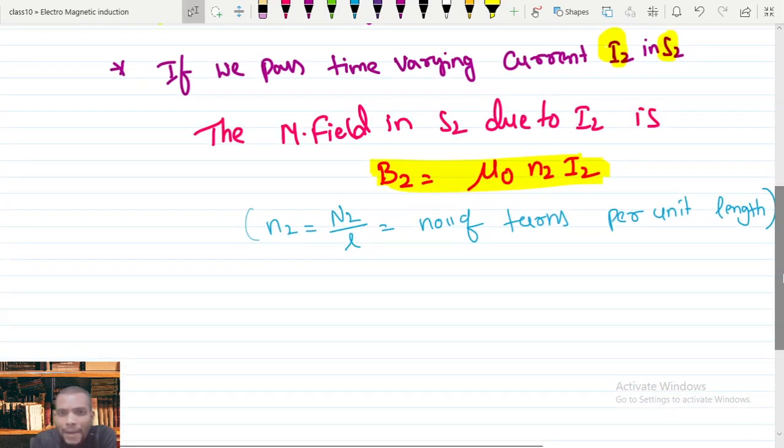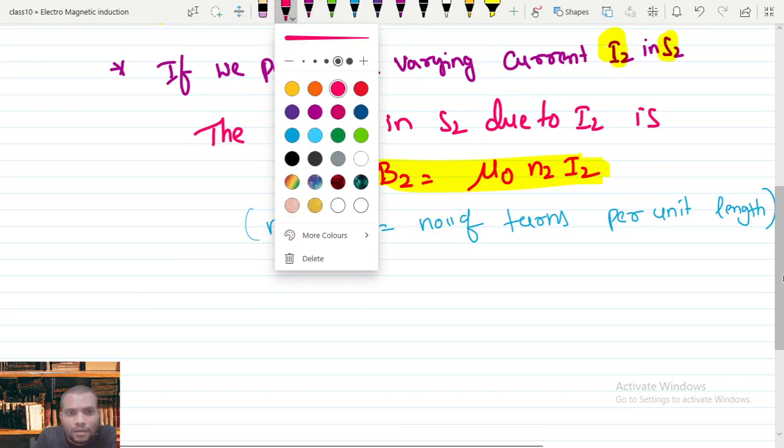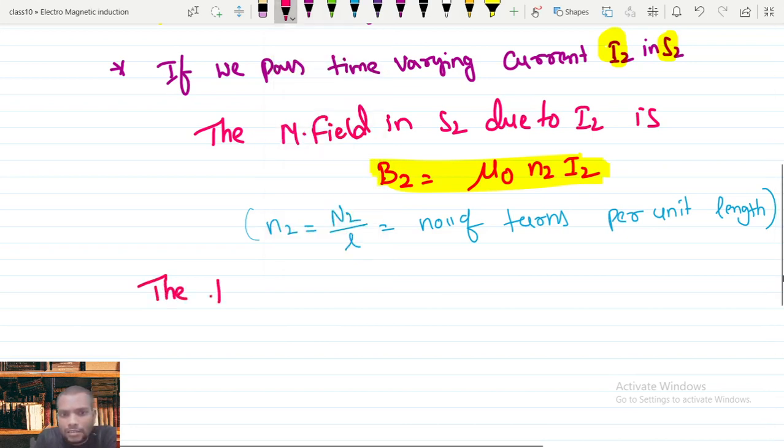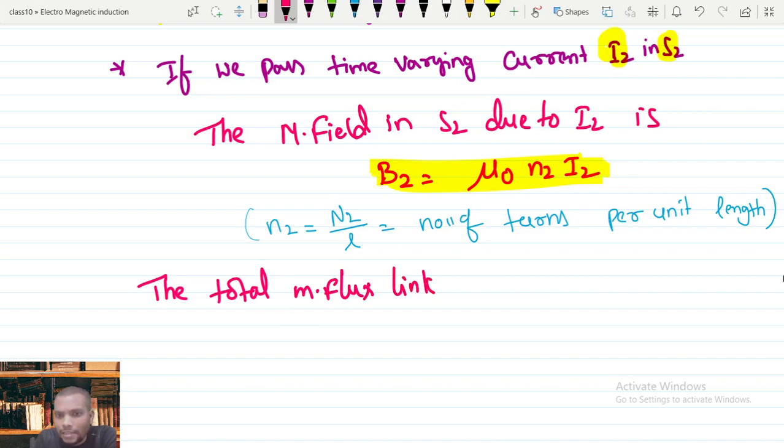Now because of the magnetic field in S2, there is a change in flux. The total magnetic flux change is linked with the solenoid S1, because solenoid S1 is inside the solenoid S2.